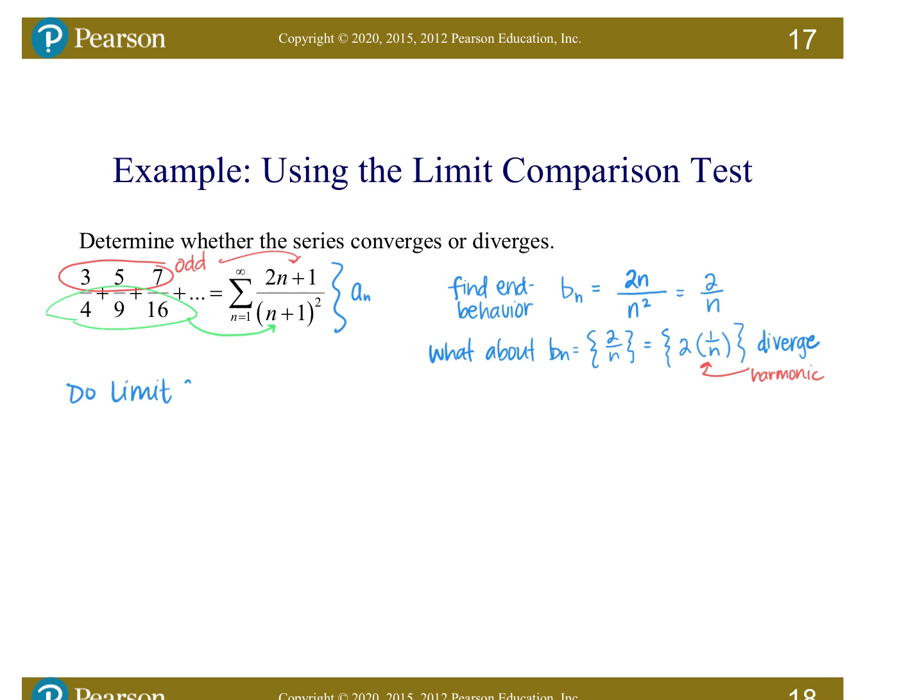And so the limit comparison asks us to find the limit as n approaches infinity of the a sub n series divided by the b sub n series. As long as these are continuous, continuously positive, and that the terms are decreasing and getting smaller.